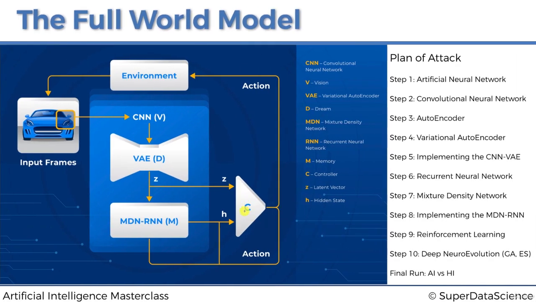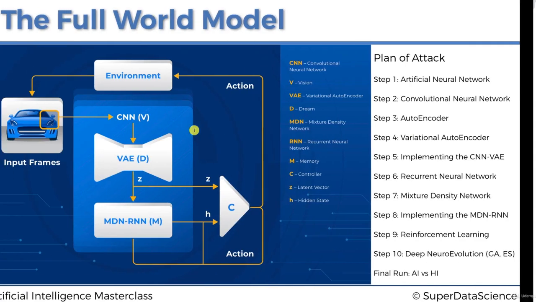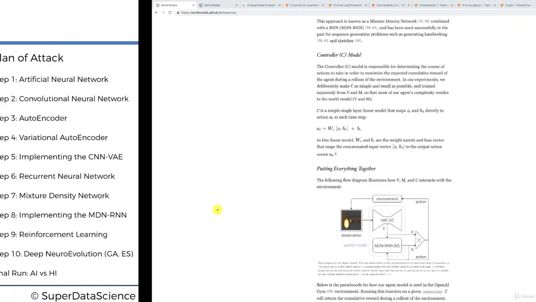And just before we start this pseudo implementation, I would just like to remind that the controller, right here in the full world model, is actually a simple linear matrix. It's a simple single layer linear model, which is exactly that matrix here, WC, which takes obviously as input Z and H, that we can see here clearly, and which will return as output the action.